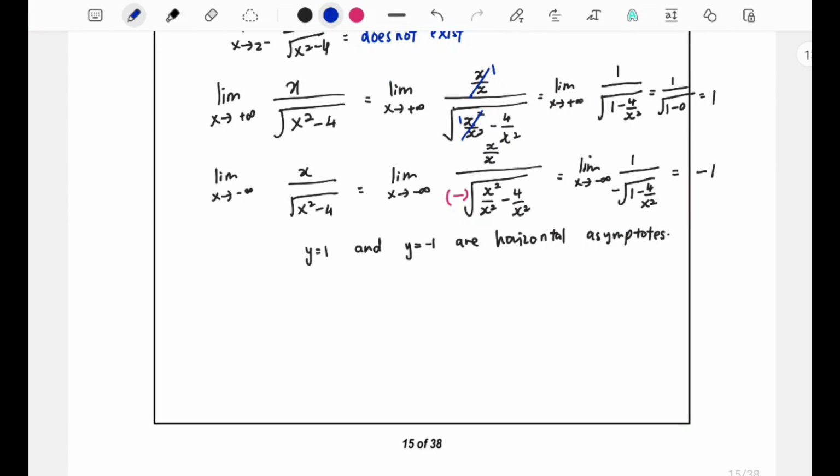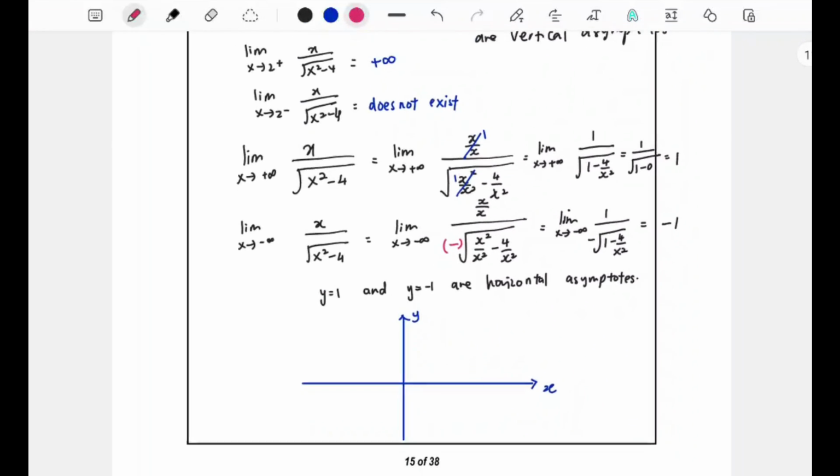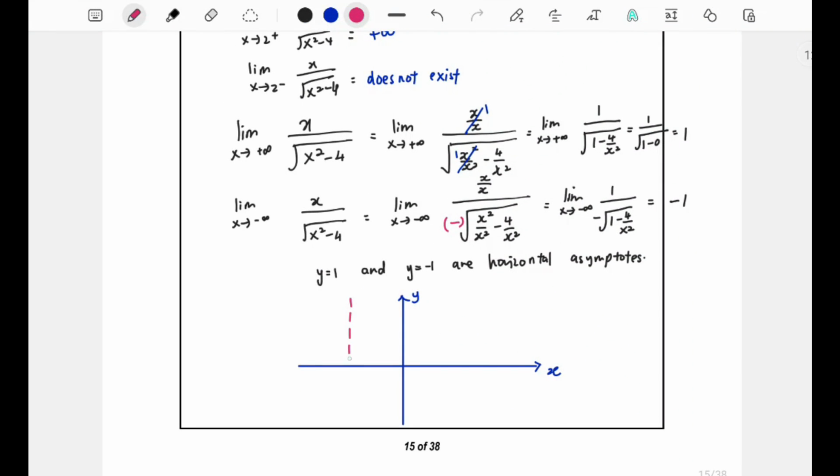Let's try to sketch our graph. First, we need the axes. Asymptotes at negative 2 and 2, and 1, negative 1.